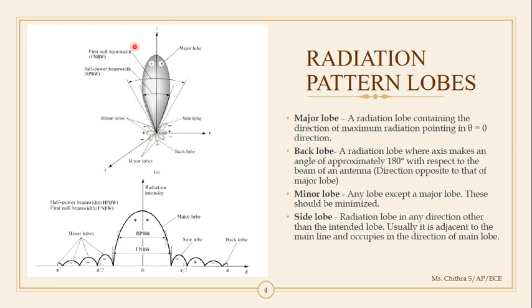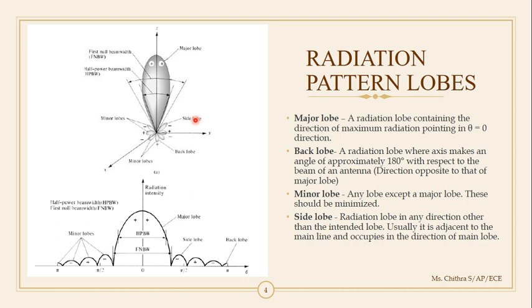Minor lobes, any other lobe except the major lobe, we call them to be minor lobe, and these are factors of power loss in the antenna, and we should try to minimize the minor lobes. And side lobe, the lobe that is adjacent to the major lobe, we call that to be the side lobe, and this is also one of a factor for power loss, and side lobe should also be reduced.